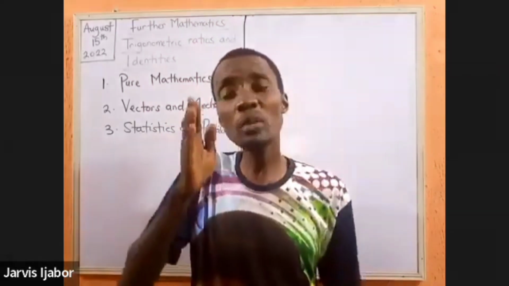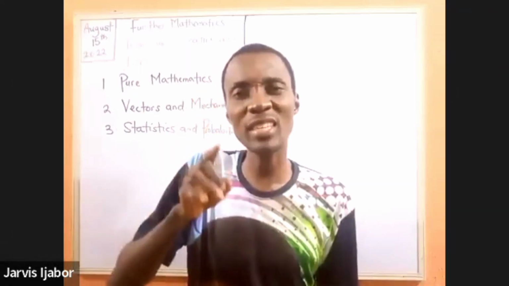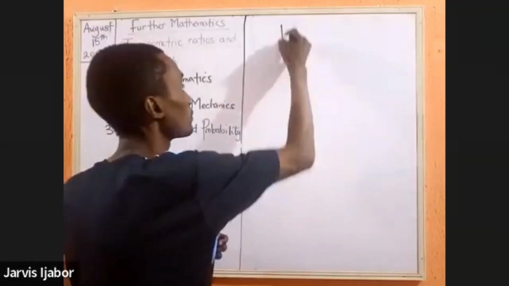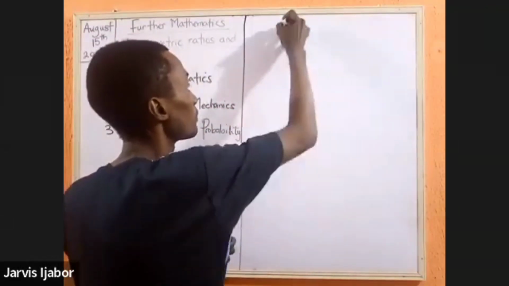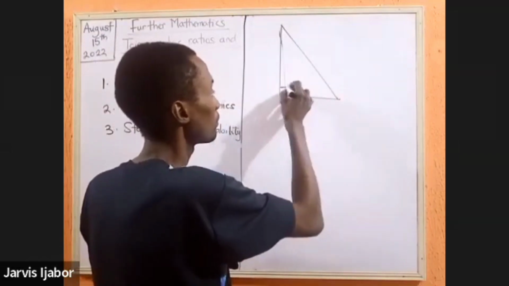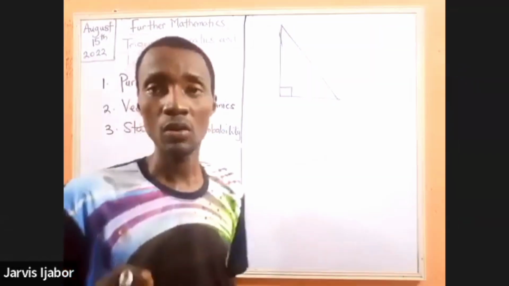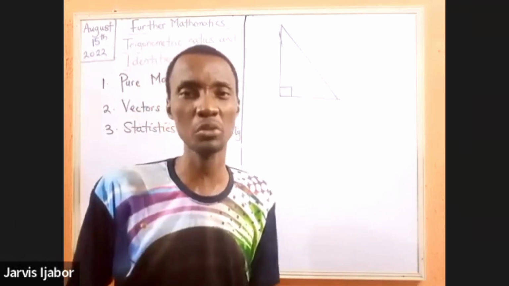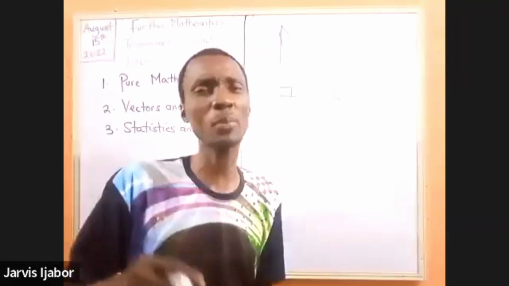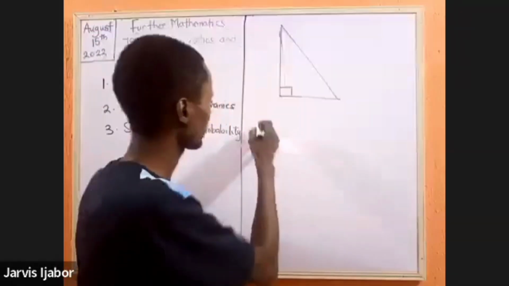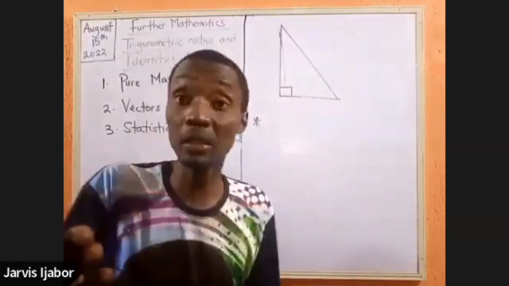So the building block for trigonometry is what is called the right angle triangle. When we mention trigonometry, two major ideas come to mind, or we can say three.